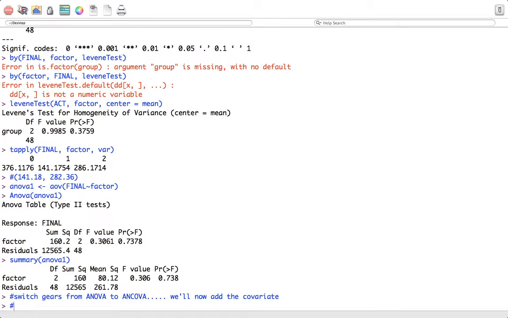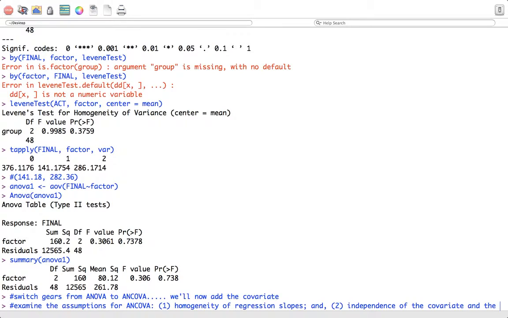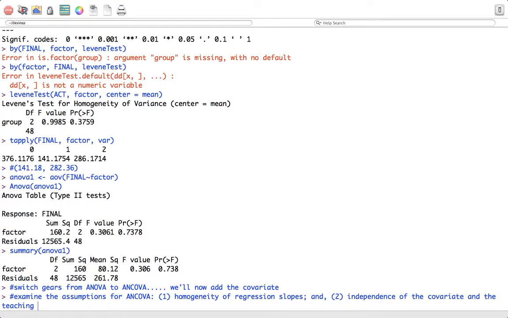Okay? So first thing I'd want to do here is examine the assumptions for ANCOVA. And remember, those are what? Homogeneity of regression slopes, and independence of the covariate and the teaching style, or teaching unit, which is our factor.